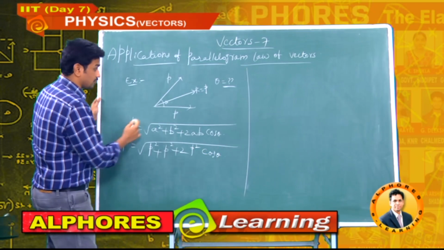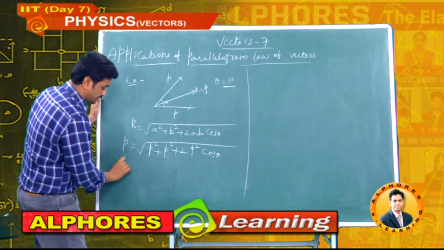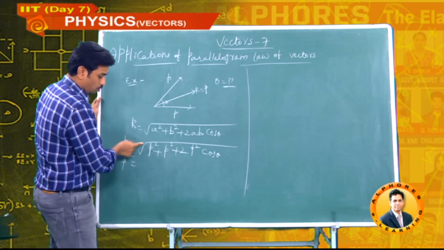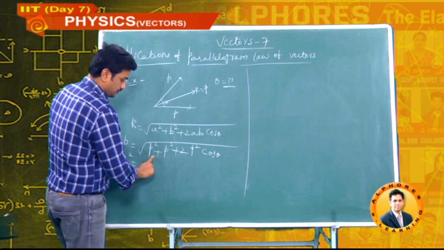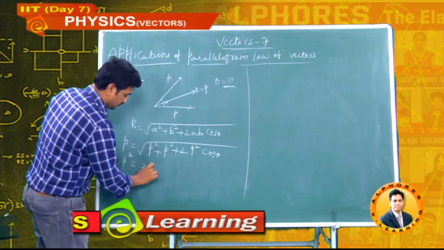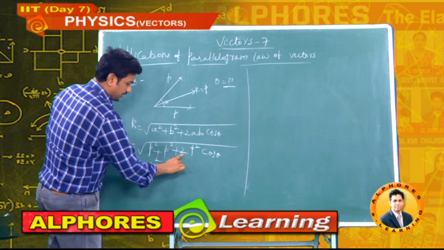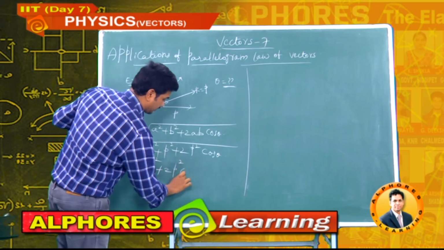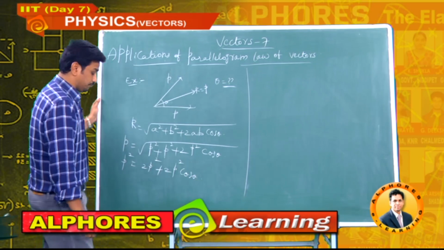The resultant is also P, given. Now squaring on both sides, the root is gone, and we get P square equals P square plus P square plus 2P square cos theta.